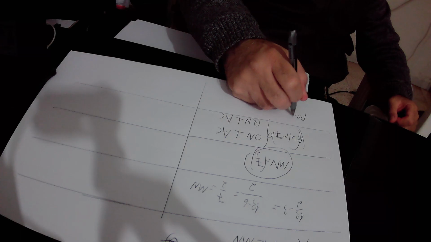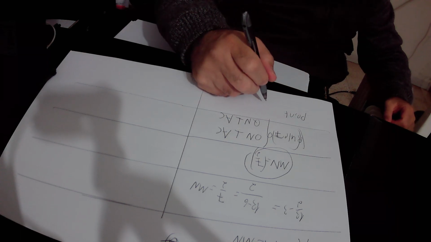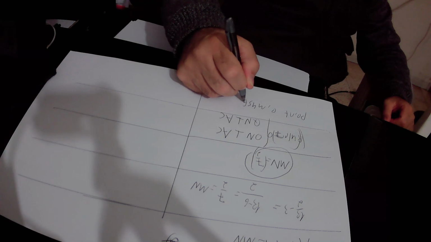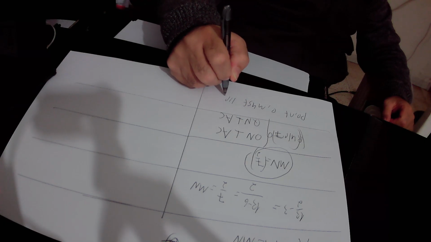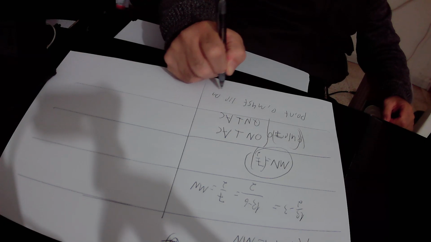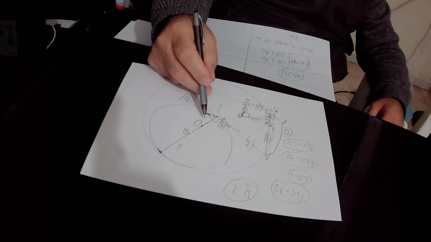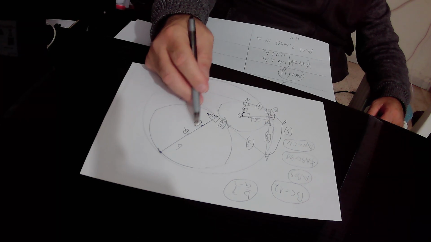point O, that is the center of the biggest circle, must lie on the radius QN. This is point O. Point O must lie on this radius QN. Why?